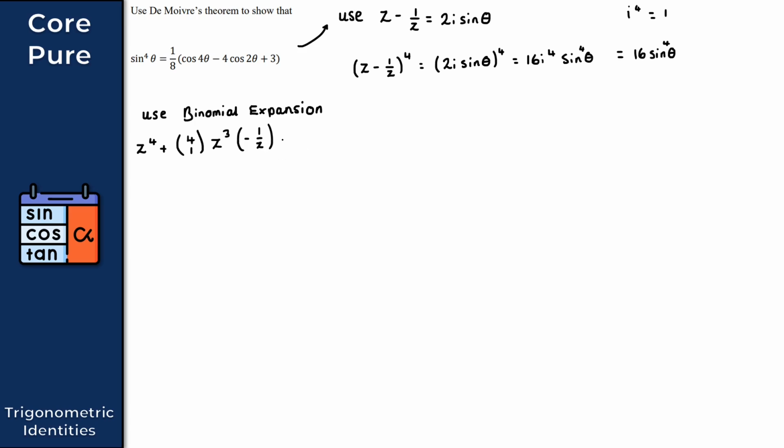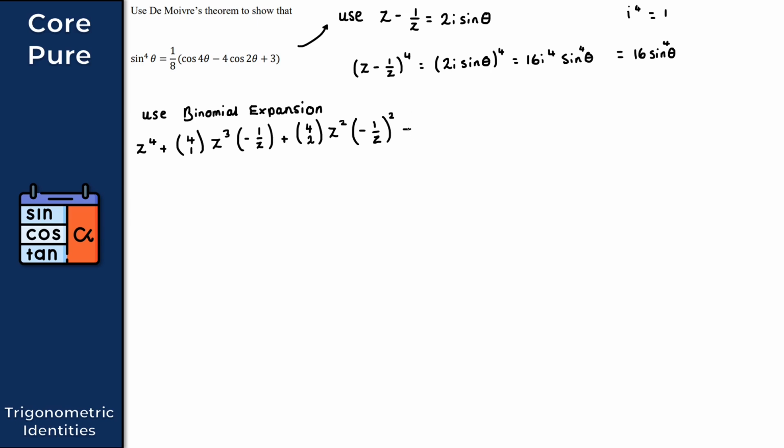Let's just keep going here. So we now have 4 choose 2, we times that by z squared, and then we times this by minus 1 over z all squared. Let's just keep going.